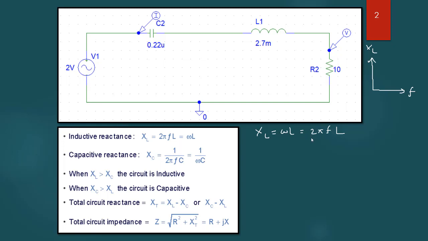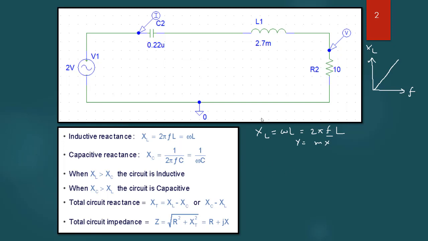Just by looking at this equation, we can see that when frequency increases, this 2 pi fL term will increase, and by the resemblance with y equal to mx, we can say that the relationship will be a simple straight line. So, when we plot XL versus frequency, the graph will look like a simple straight line.